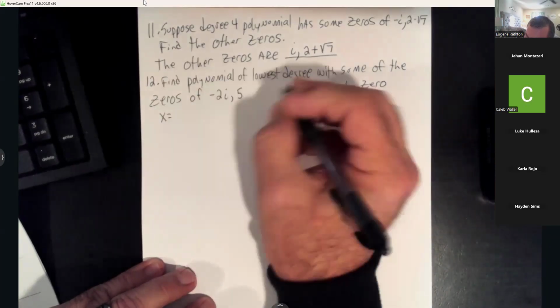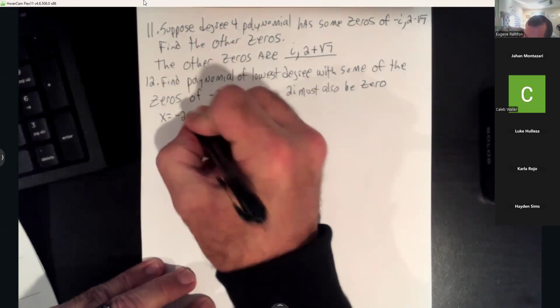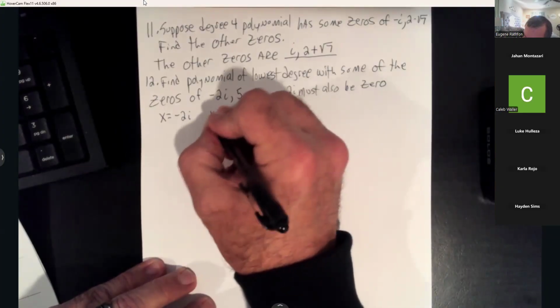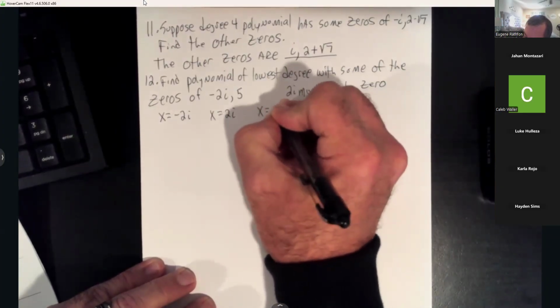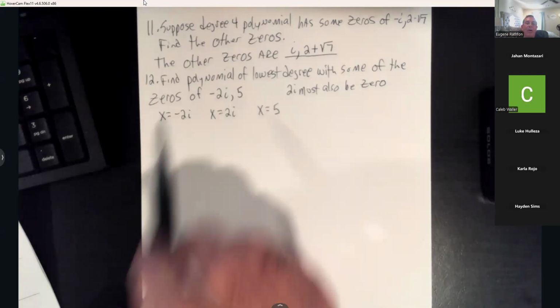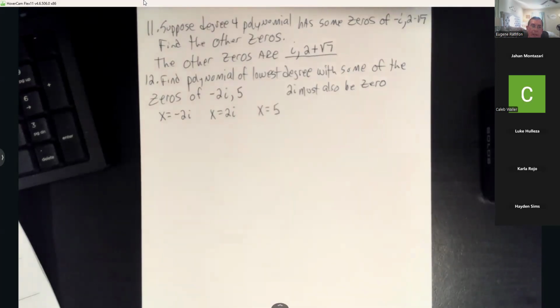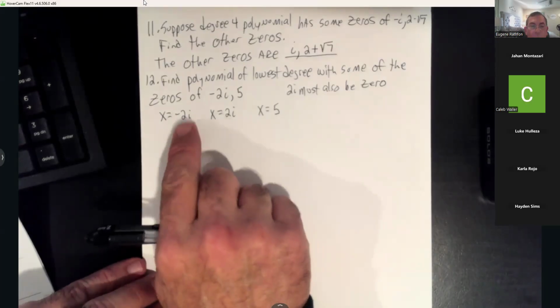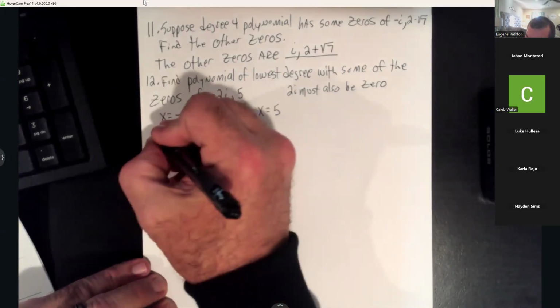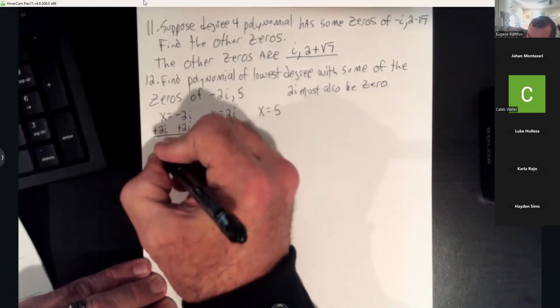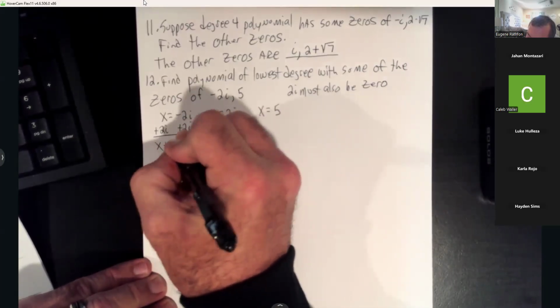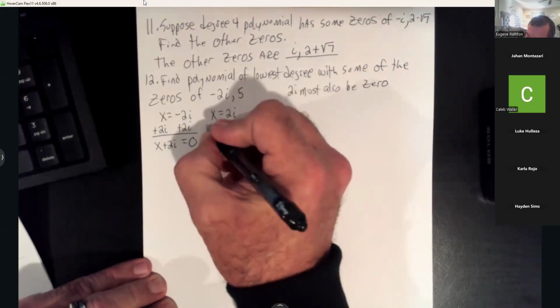All right, so I got x equals a negative 2i, x equals a positive 2i, and then x equals 5. So when they say find a polynomial, that's when you're doing autofoiling, okay? So we need zeros on the right side, so add their opposites to each one. So I get x plus 2i equals 0.